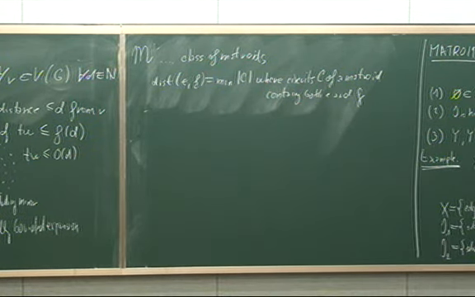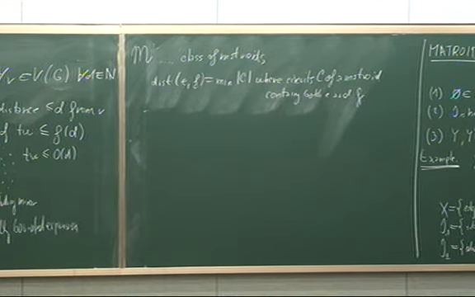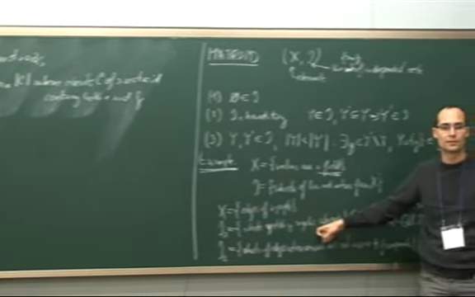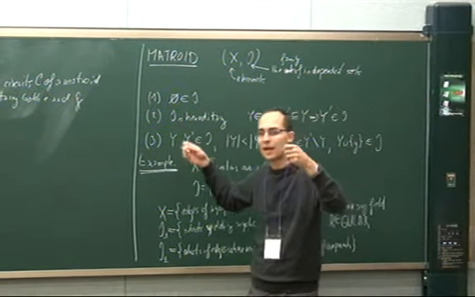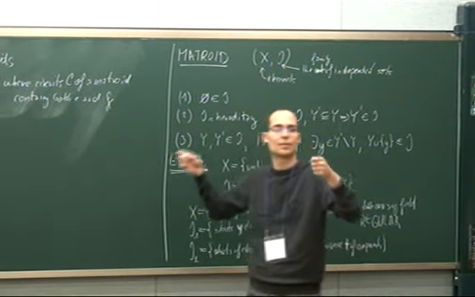If you're not familiar with matroids, then just think of graphs and cycles in graphs. So I want to say that two elements are close if they lie on a short common cycle.